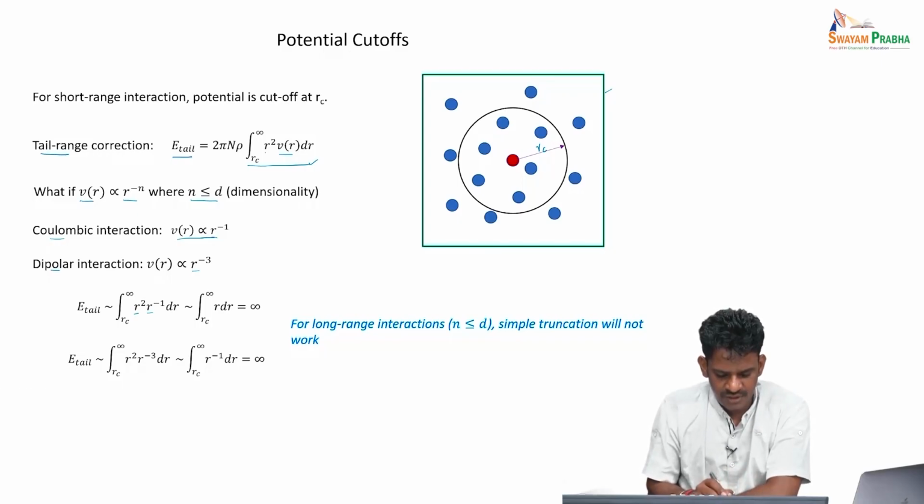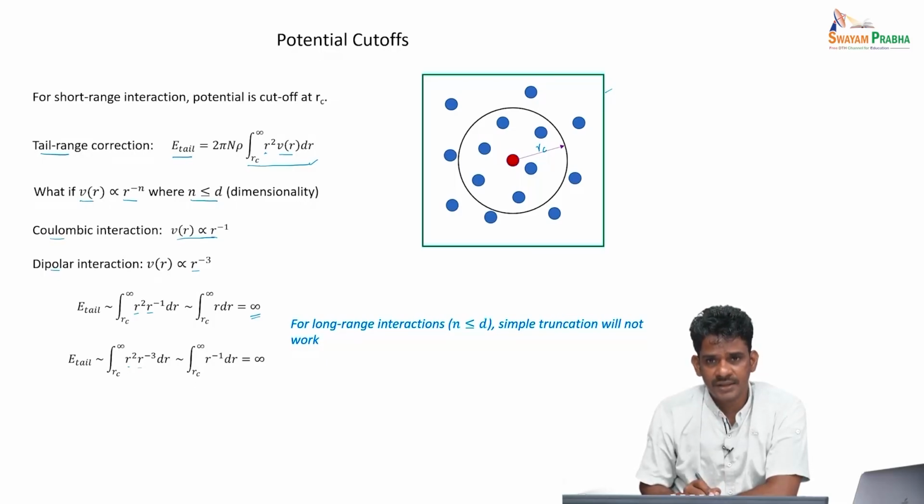So the net would be the integral of r dr, which gives r square by 2, and when you put the limit of RC to infinity, this integral will diverge. Similarly, for dipolar interactions, you have the factor r square and V of r is 1 by r cube, which gives 1 by r, and the integral of this gives ln r, and the logarithm of r in the limit of RC to infinity will also give you infinity.